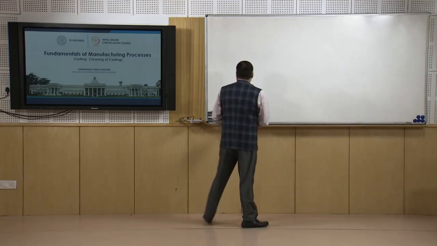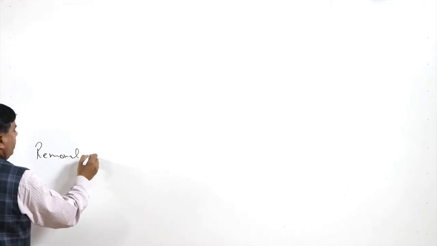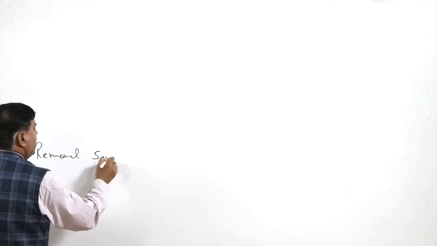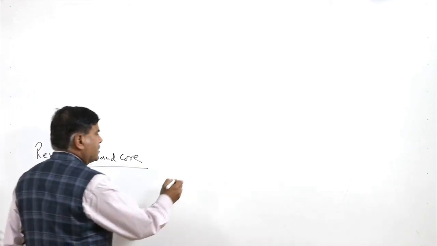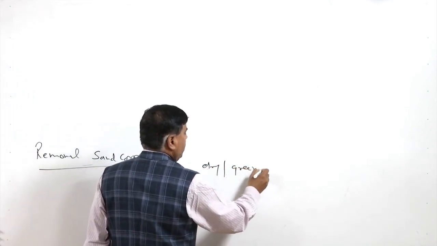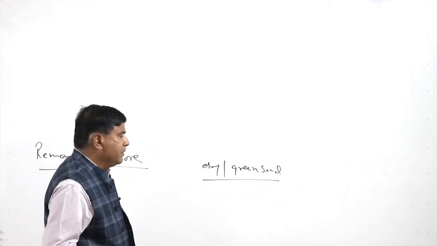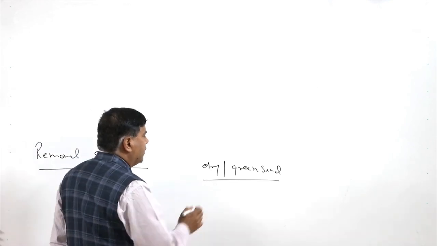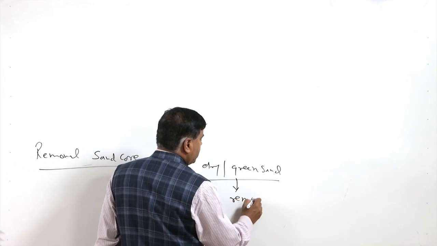So, removal of the sand core. We know that whether it is the dry core or the green sand core, when it comes in contact with the molten metal during casting, all the moisture, if it is there, will be removed.